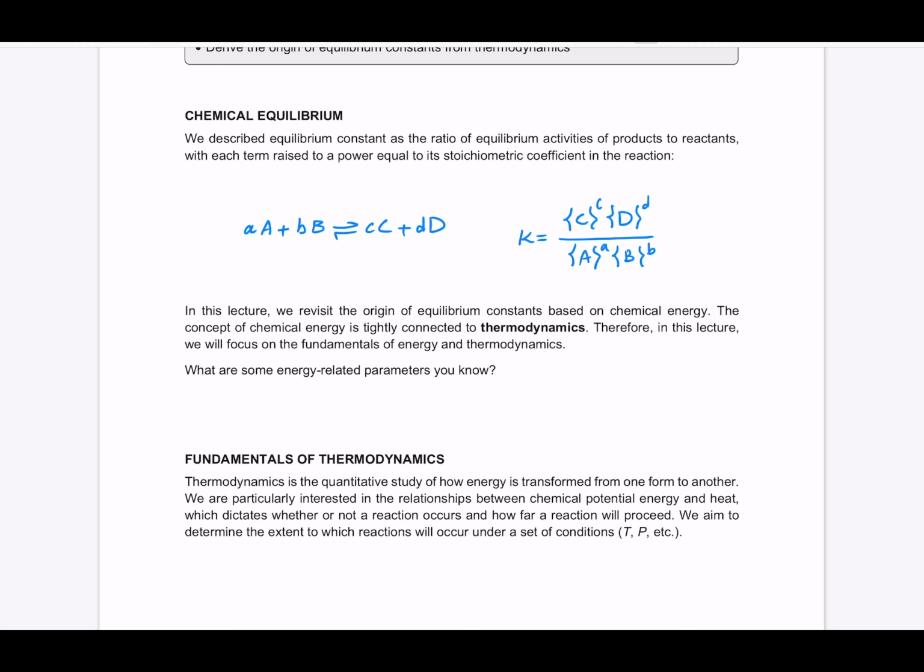Before we start, just a quick question. Any energy-related parameter that comes to your mind when we talk about energy? Anything related to energy? Enthalpy, so that's one of the main parameters that we're going to talk about today. Anything else? I would add internal energy.